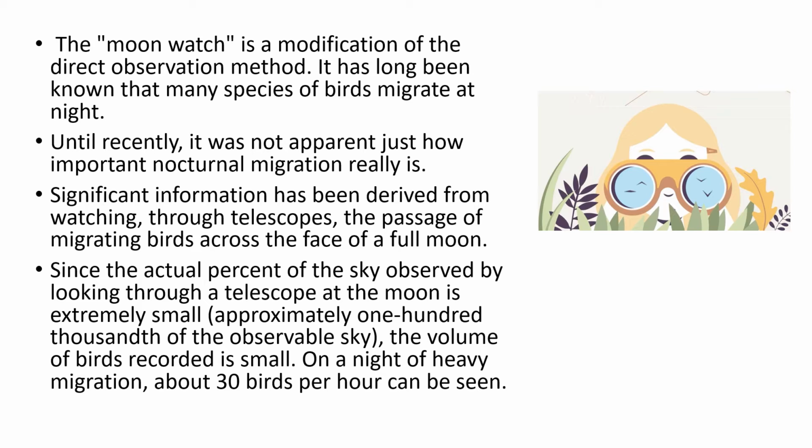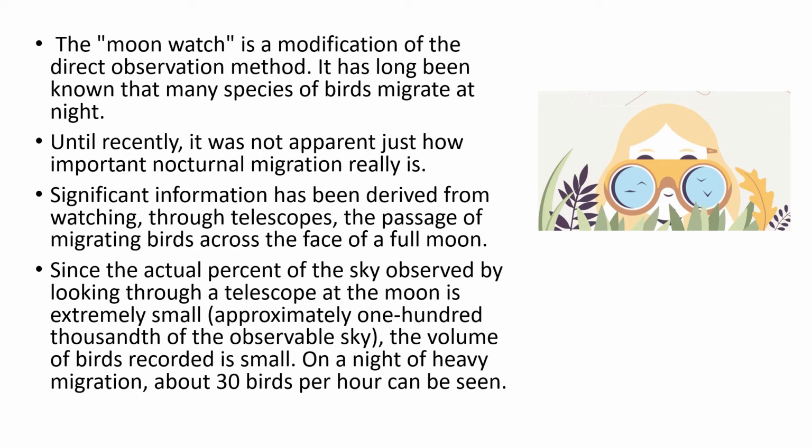Since the actual percent of sky observed by looking through a telescope at the moon is extremely small, approximately one 100,000th of the observable sky, the volume of birds recorded is small. On a night of heavy migration, about 30 birds per hour can be seen. So the results are very poor.